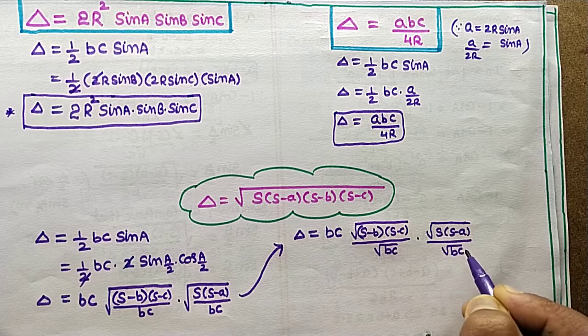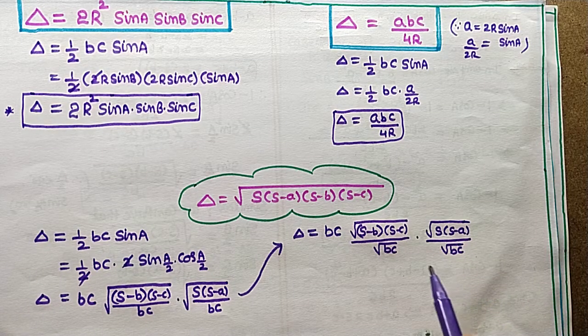We know that root x into root x is x. Similarly, root bc into root bc is bc.